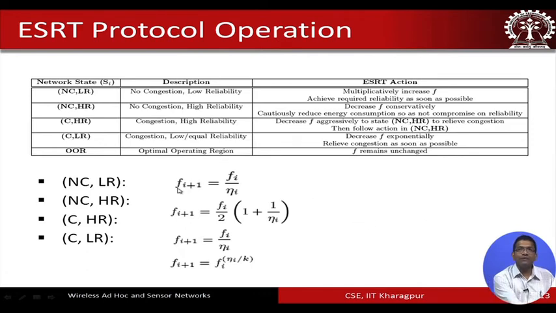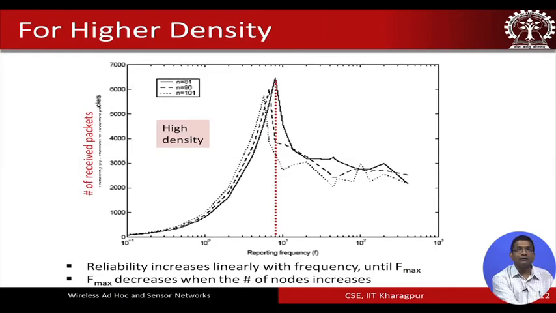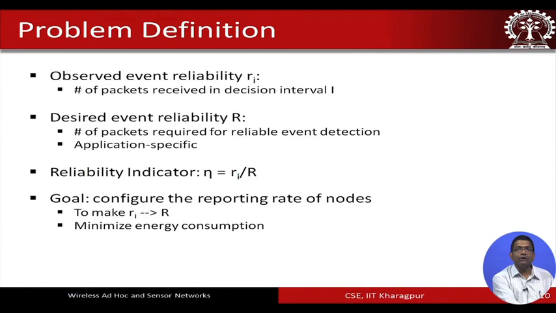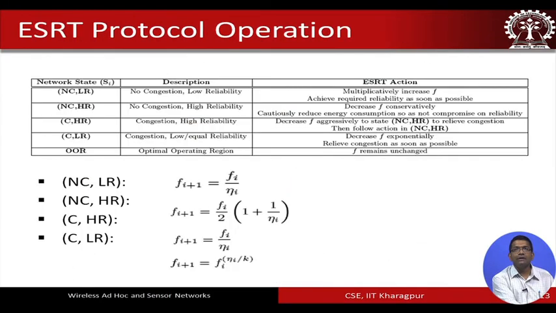The first one means that f i plus 1, at the next iteration or time interval, is equal to f i, the current reporting frequency, divided by eta i, which is the reliability factor, the reliability indicator, the ratio between the observed event reliability and the desired event reliability.